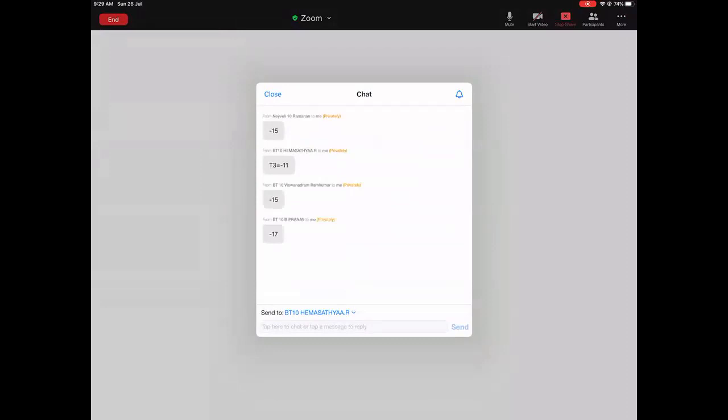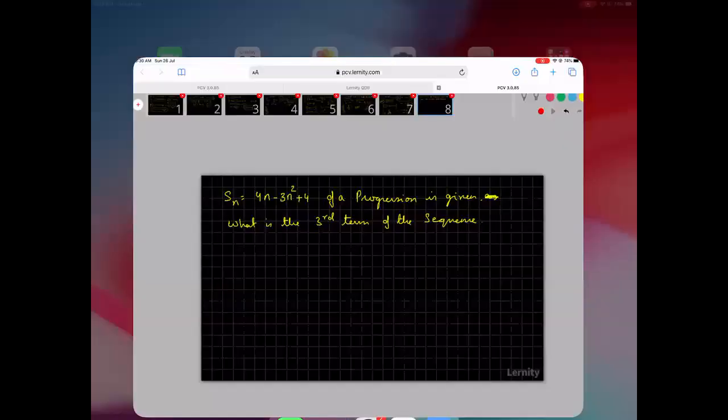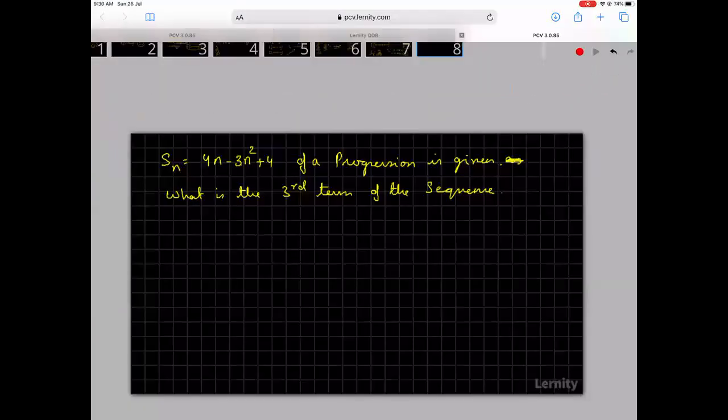So Ramanan gets it as minus 15, minus 11, minus 17. Now you see we are getting different answers. Why are we getting different answers? Okay, so first thing is, can you tell me whether this is an arithmetic progression?